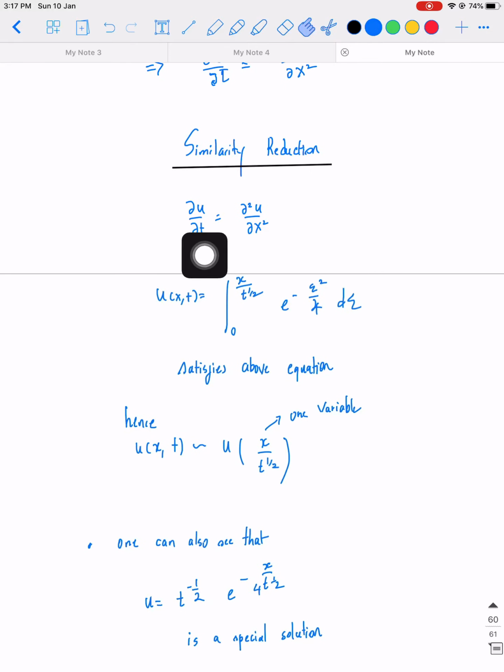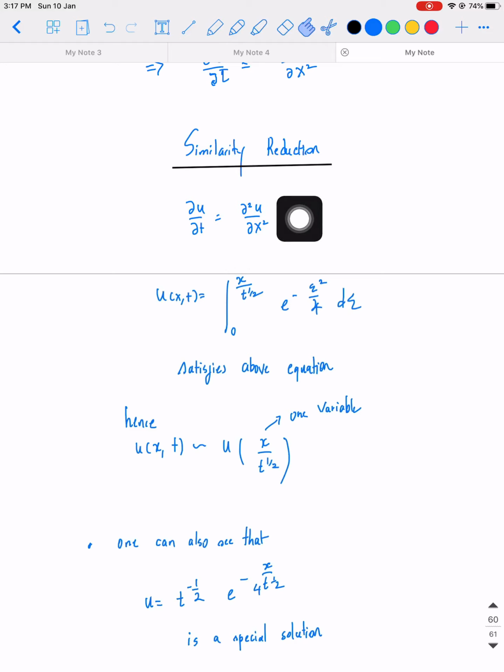Given a diffusion equation, u is dependent on two parameters, x and t. If I write down this expression, the integral of exponential of minus eta squared d eta, integrating from 0 to x over t raised to 1 half, it will satisfy this expression.